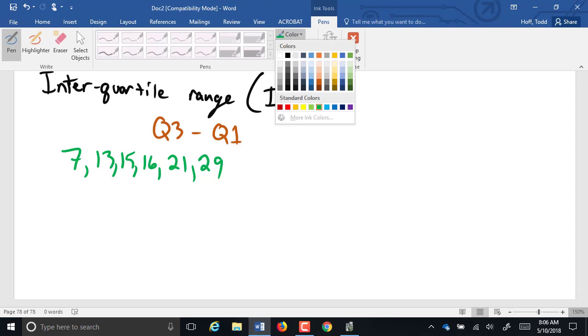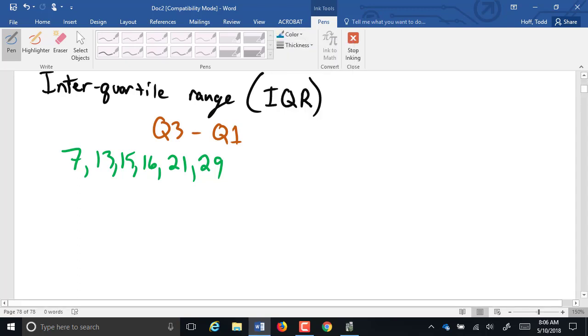There's my set of data. N equals 6, right? The min, smallest number, 7. Quartile 1, well, 6 times 0.25 is 1.5, rounds up to the second number, that'll be the 13.